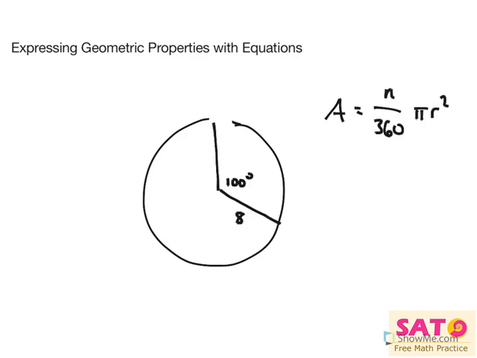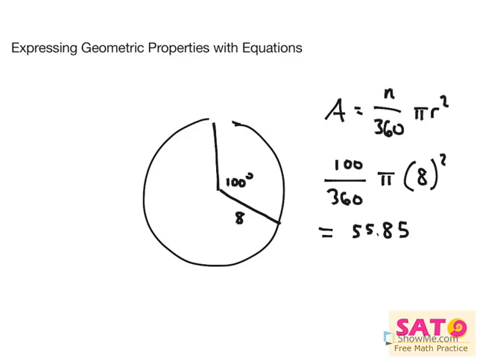The pi r squared is the area, and n over 360 just shows how much of the 360 degrees the angle covers. So let's plug it in. 100 over 360 times pi times 8 squared. And this would be equal to 55.85. Basically, this is telling us the space taken up by this region right here.